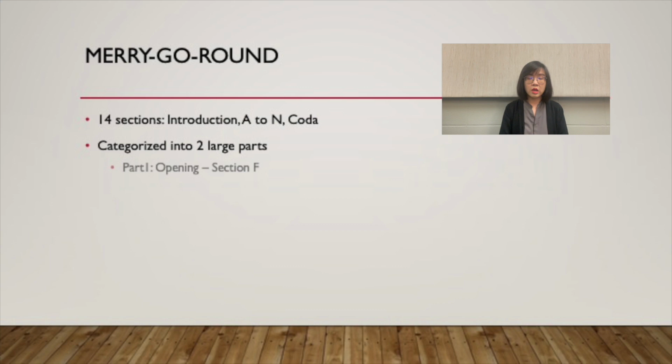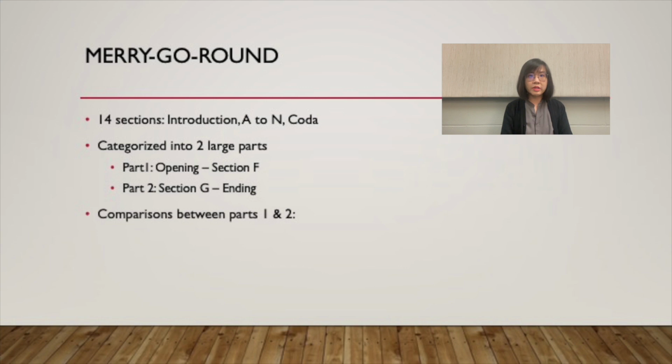The first begins from the beginning of the music to section F, and the second from section G to the end, while the coda corresponds to the last 5 measures of the piece. In comparison between part 1 and part 2, part 2 has a longer introduction with some embellishments such as sextuplets and triplets.